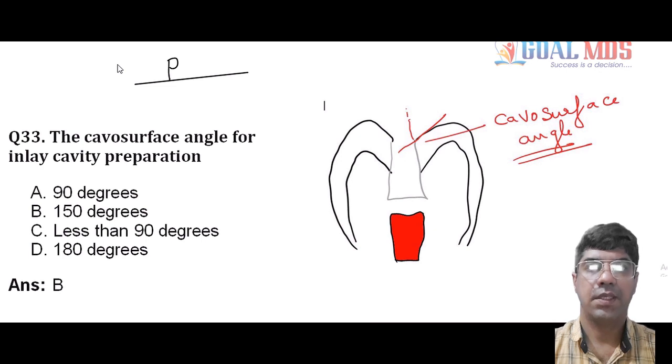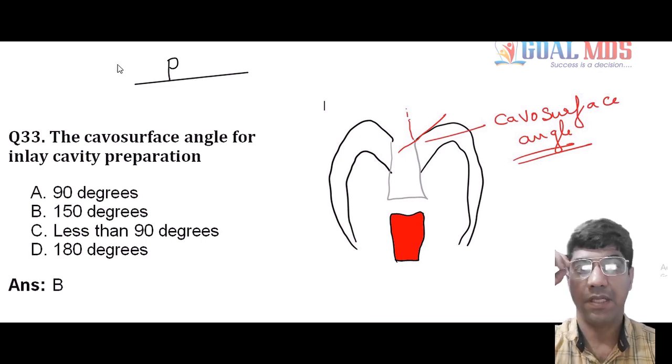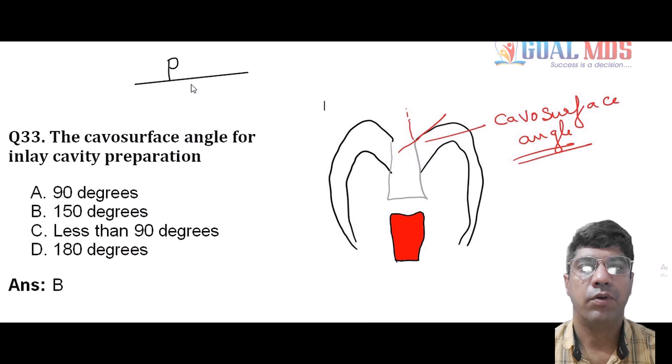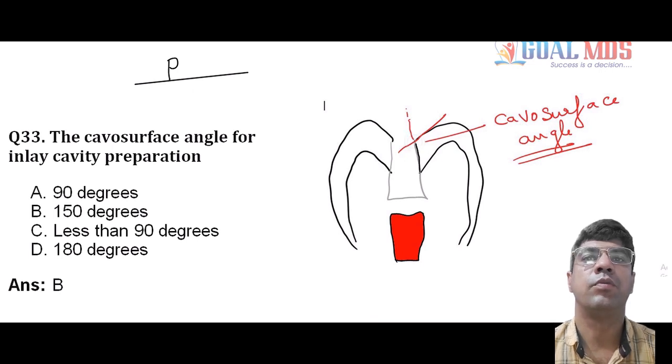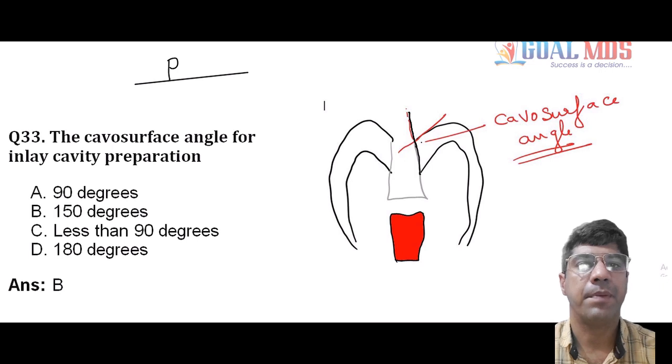So moving to another question: the cabo surface angle for inlay cavity preparation is... well, first of all you should know what the cabo surface angle is. It is the angle formed by the junction of the prepared tooth wall and the external surface of the tooth.